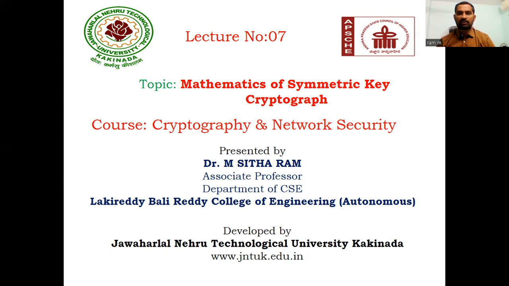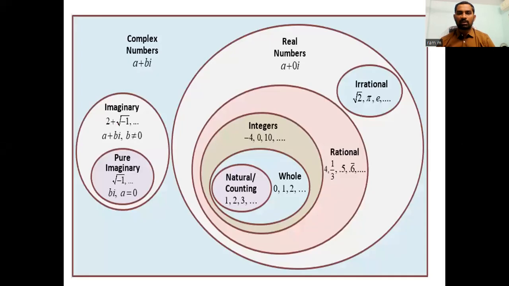Before we start with the mathematics of symmetric cryptography, let us have a look at the Venn diagram of the number system. The superset of all the number systems is the complex numbers. We don't have that much work with complex numbers in cryptography.